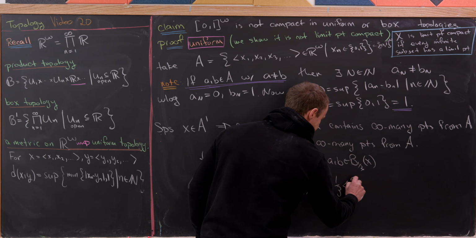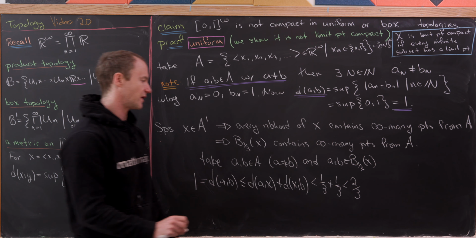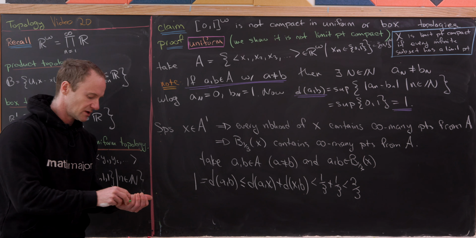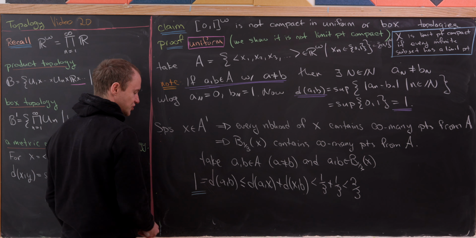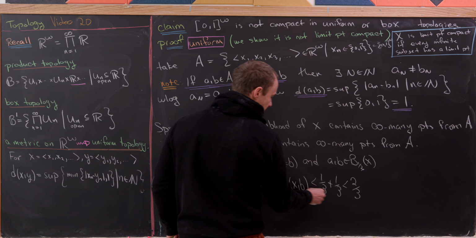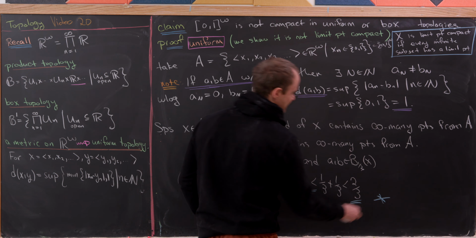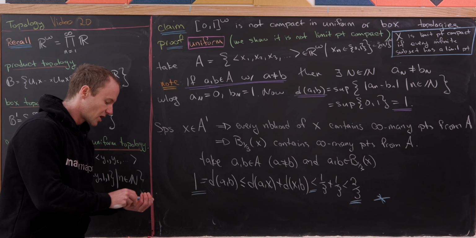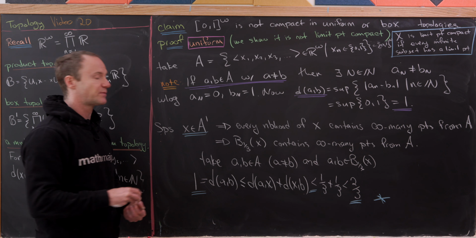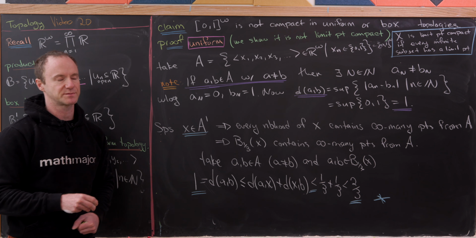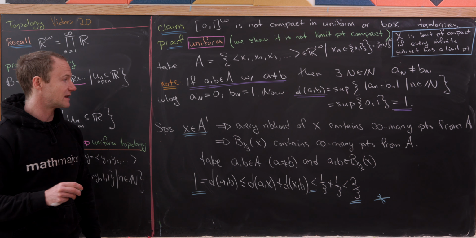So this whole thing is less than 1/3 plus 1/3, in other words, less than 2/3. But notice we've got a big issue here, because what we've done is we've just shown that 1 is less than 2/3, which is a clear contradiction. Contradicting this assumption that we made right here, that it was possible to get a limit point in the first place. So that means we can't get a limit point of A.